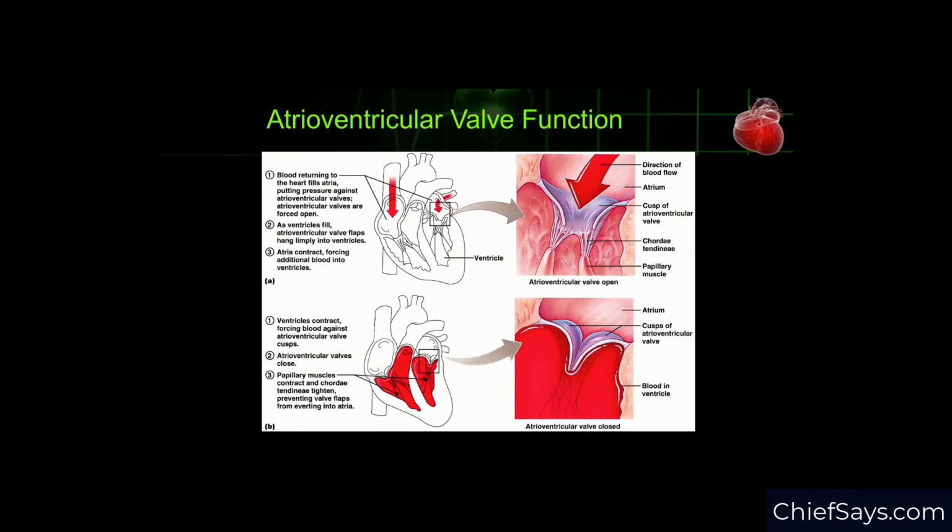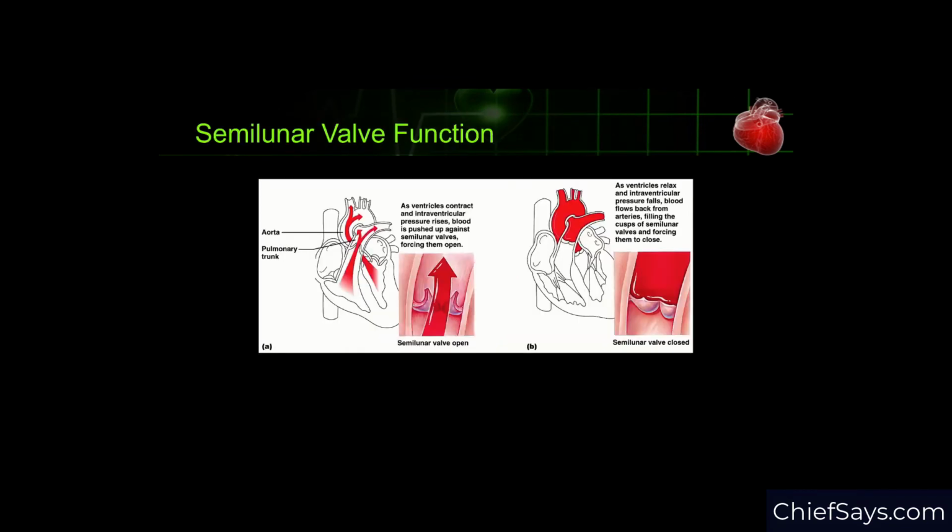Another picture of valve function. We'll talk about semilunar valve functions a little bit more as well because that's inherent in the perfusion of coronary arteries. So semilunar valves is essentially where we're talking about for that coronary artery filling. The semilunar valve is going to specifically here be the aortic valve. And so you can see that as blood is squeezed out of the ventricle and up towards the valve, it bends open.